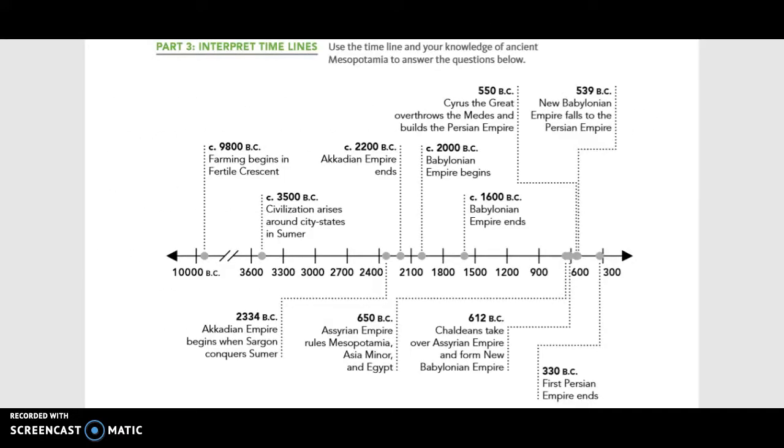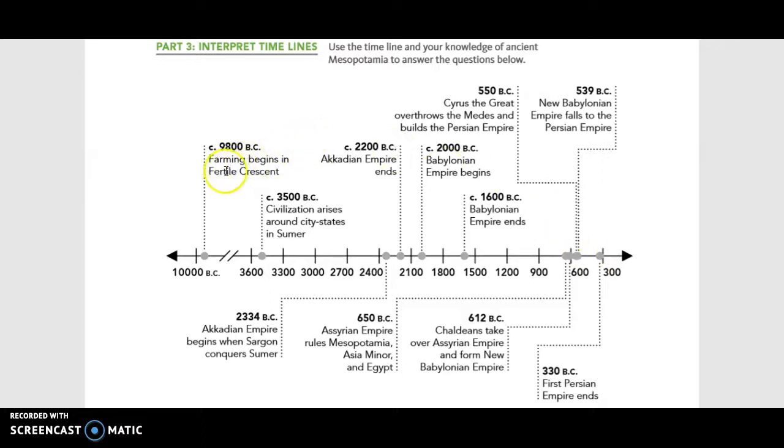We went over some timelines, looking at 10,000 BCE. I drew attention to the significant break right here. Fast forwarding to 3600 BCE, making our way all the way through 330 BCE and everything in between.